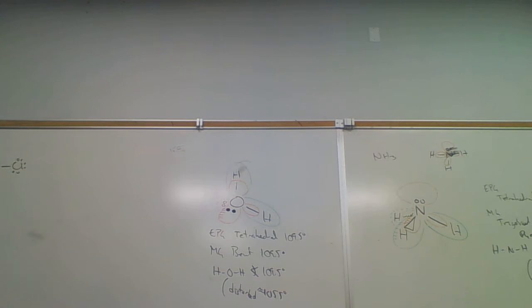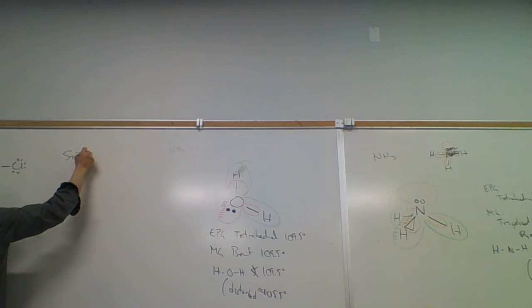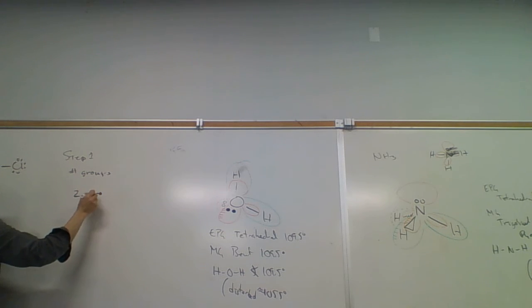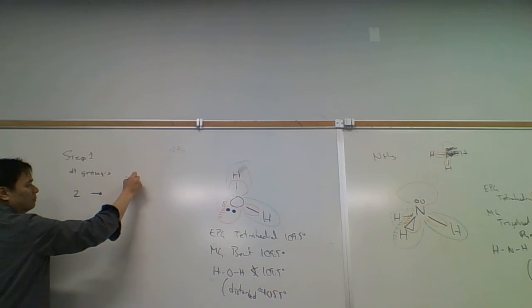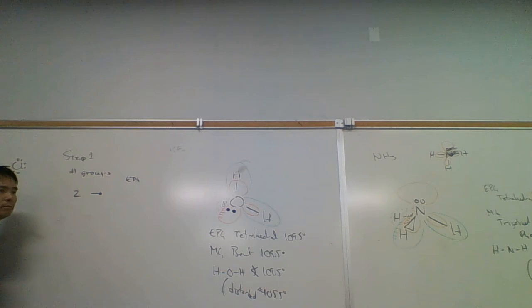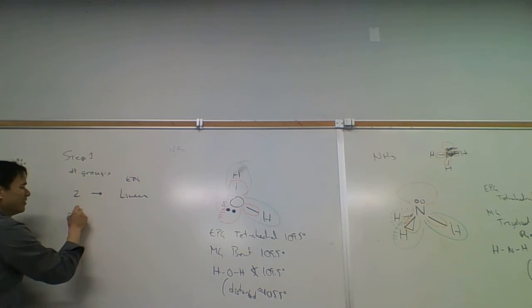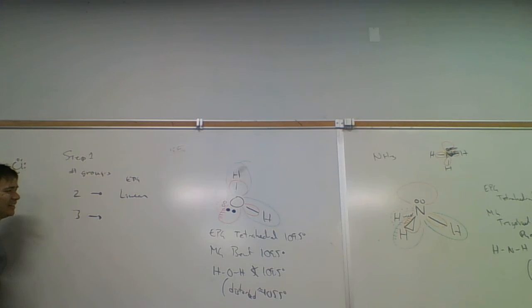All right, the steps involved. Step 1, how many groups of electrons? 4 groups. I'll break it down into steps. Step 1, number of groups. The number of groups is going to tell us the EPG. If we have 2 groups, what is the EPG? Linear. If we have 3 groups, what is the EPG?